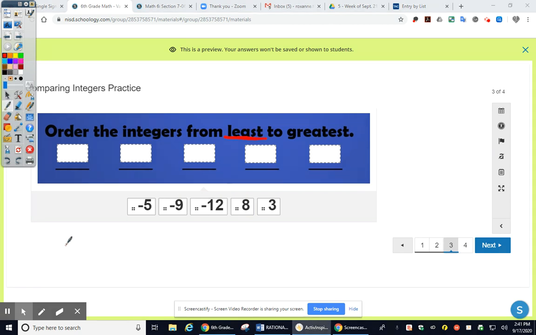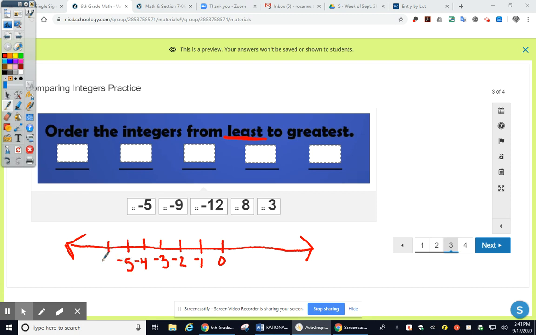I'm going to kind of set up another number line here. Okay, here's my 0. Here, the further I get into negative world, the smaller my value is going to get. I guess I didn't make my number line big enough, but pretend it keeps on going.